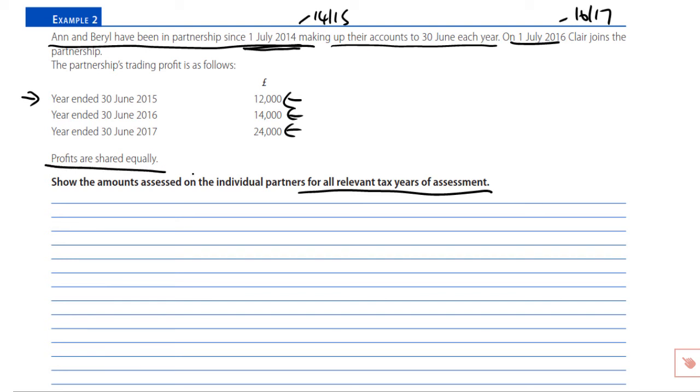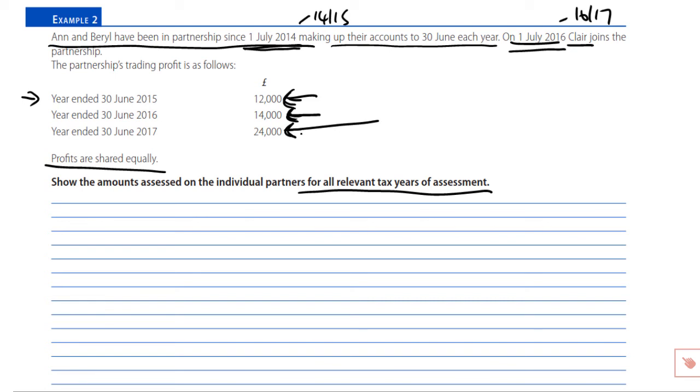Profits are shared equally between the partners. Now, to begin with, there was just Anne and Beryl. That was the case for the year ended 30th of June 15, and it was the case for the year ended 30th of June 16, because very kindly here, Claire has joined the partnership on the 1st of July 16, which is the start of the year ended June 17.